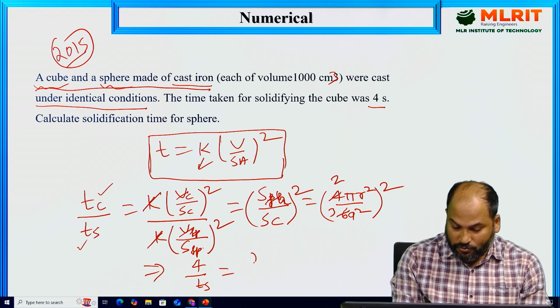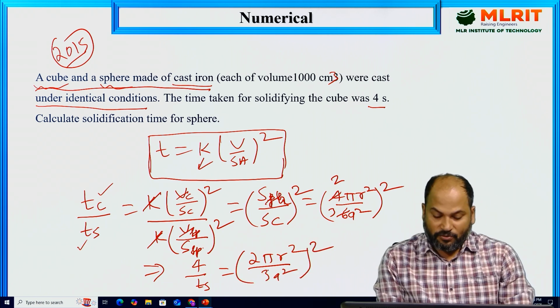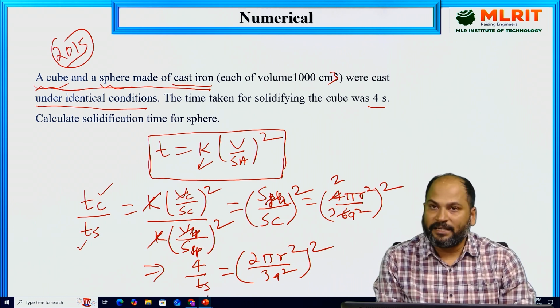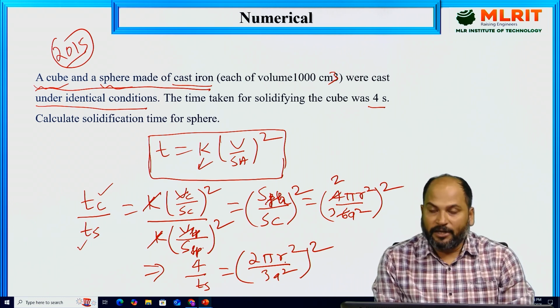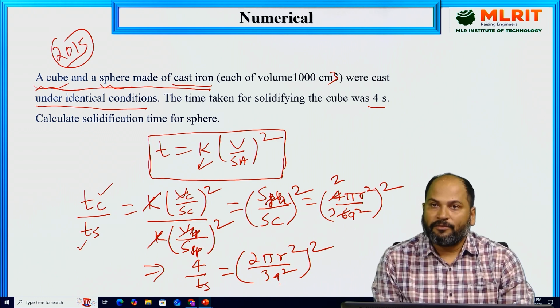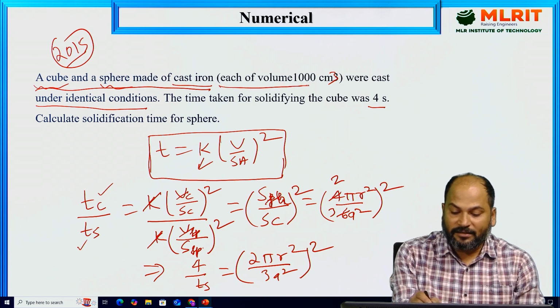So it will be 2 pi r square upon 3a square, this whole square. Now this 2 pi is constant, 3 is constant. To get the value of Ts, we will have to calculate the value of the radius of the sphere, and we have to calculate the side length of the cube. For that, the relation is given.